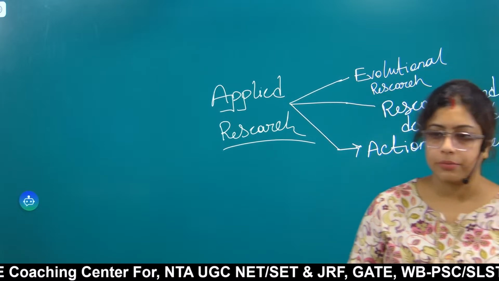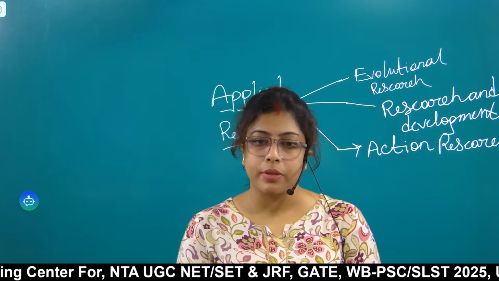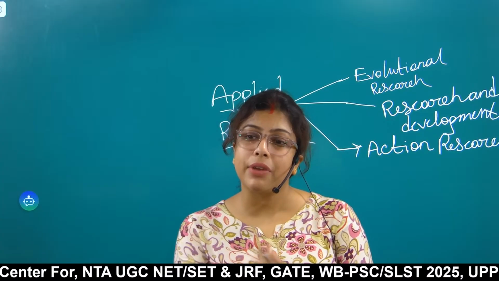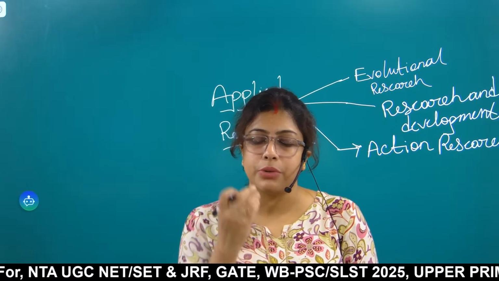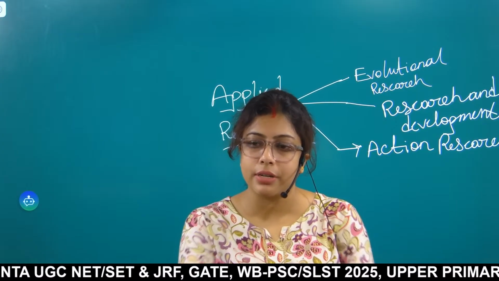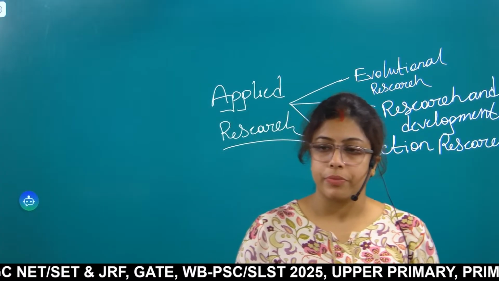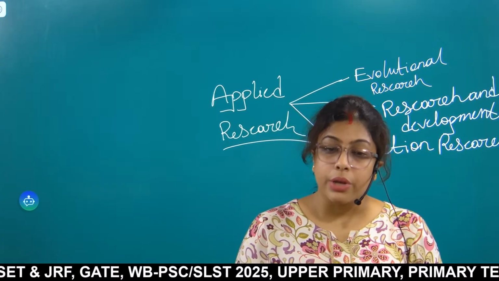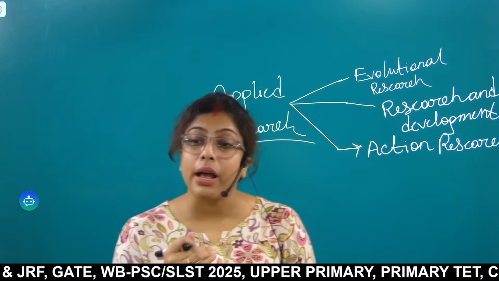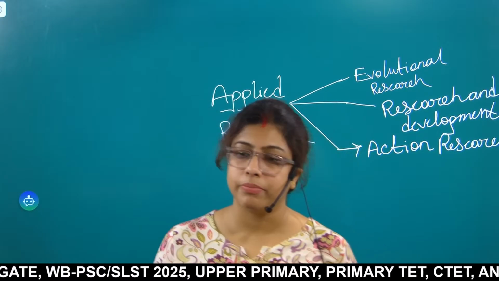Immediate action. Okay, so you are finding out a problem and you are immediately giving a solution, taking up certain steps, following certain steps, conducting a research and giving a solution to the problem, right? That is called action research. You are immediately applying your own action in order to solve the problem.